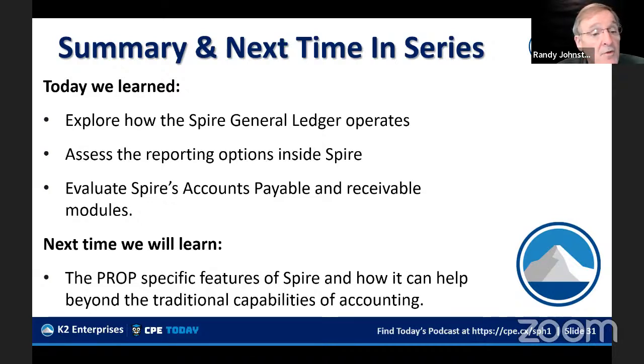We are going to do a part 2 of Spire, and we're going to deal with a few of the other features that make it beyond an entry-level system. Today, we showed you a little bit of that, not a ton of it, but we want to deal with some of the inventory and production and other items inside the system.